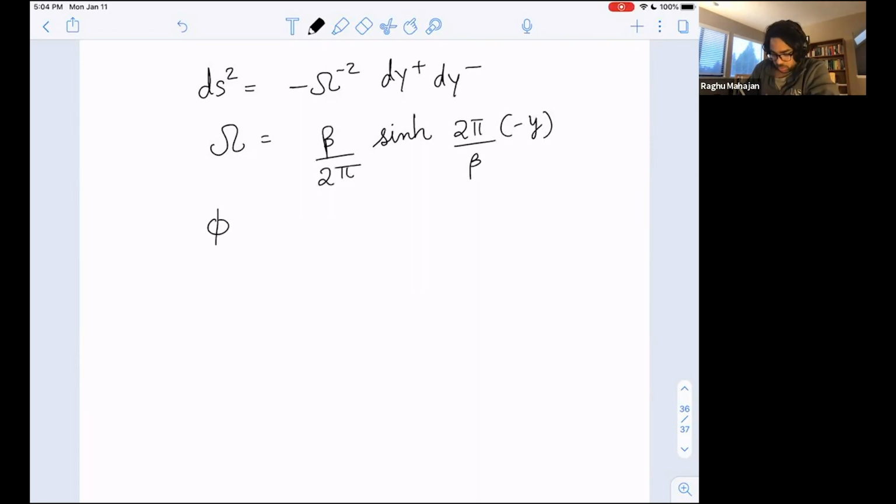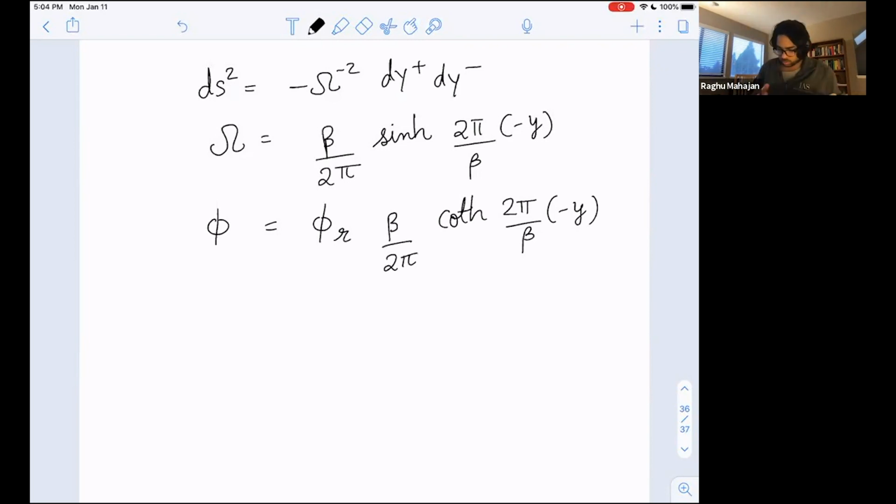And then our dilaton had a profile which was also some trigonometric function, but it was cosh, 2 pi over beta times negative y times beta over 2 pi. Let me just check. Sorry, I got this wrong. This is 2 pi over beta. And remember that as y goes to 0, the solution looks just like the zero temperature solution. The omega looks like y, and y equals 0 is the UV boundary. And phi looks like 1 over y.